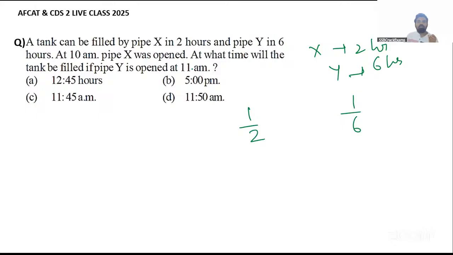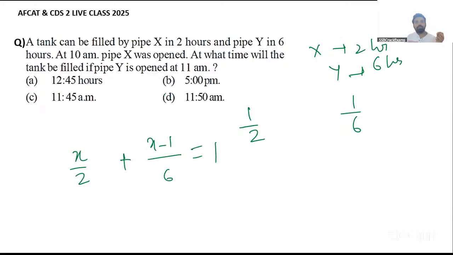Suppose X times of the work has been completed till the time Y was opened. Something like the previous question that we did. Only 1 hour is the difference between them. So it will be X upon 2 plus X minus 1 upon 6, which is equal to complete.